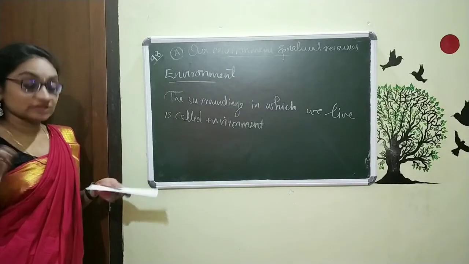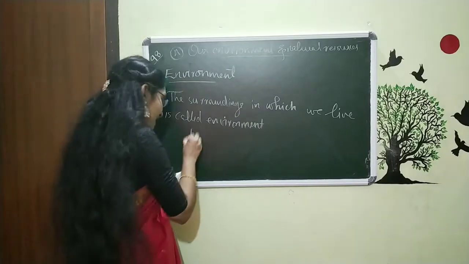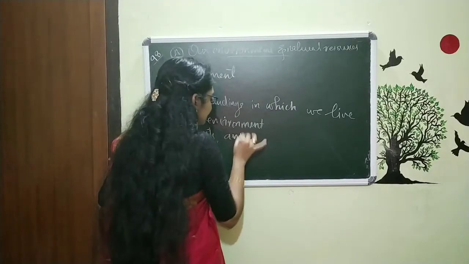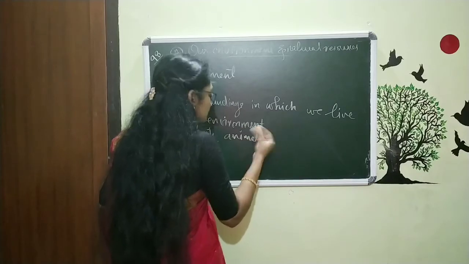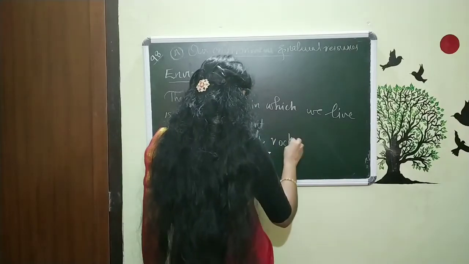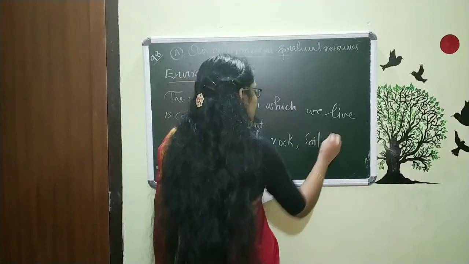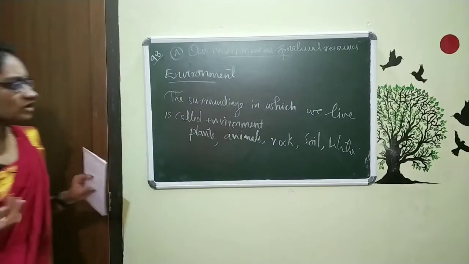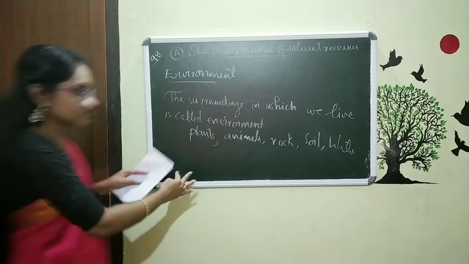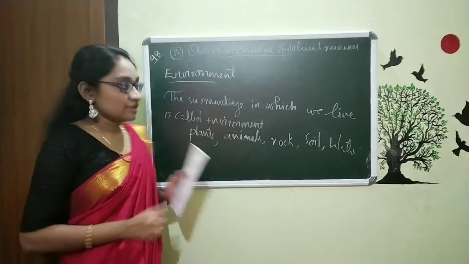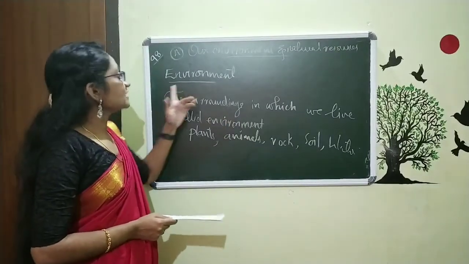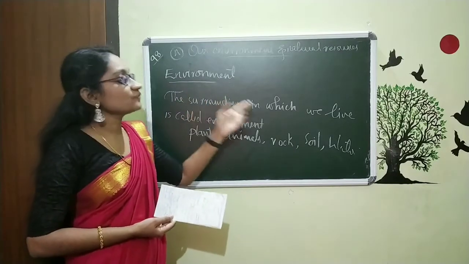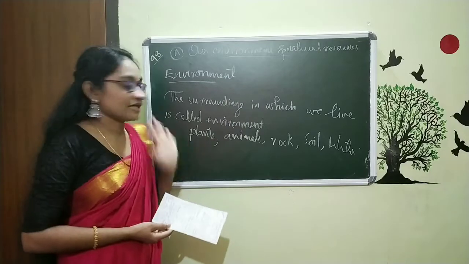This environment includes plants, animals, rock, soil, water, etc. That means this environment includes living things and non-living things also. So, we want to remember the definition of environment. What is environment? The surroundings in which we live is called environment.